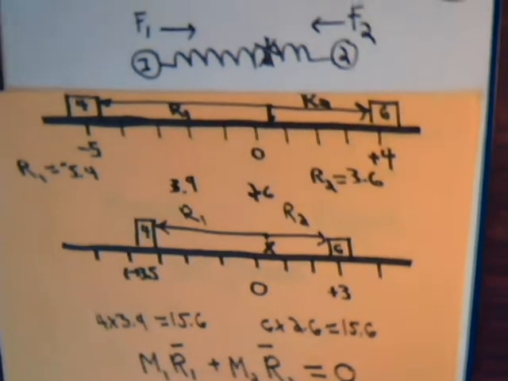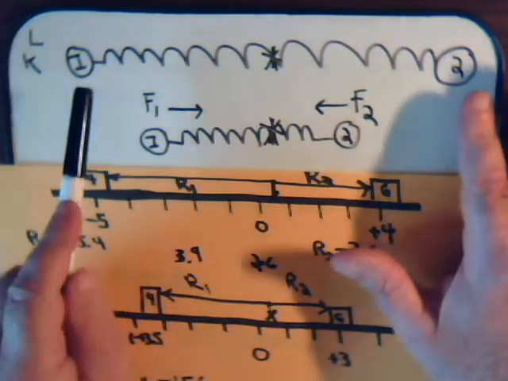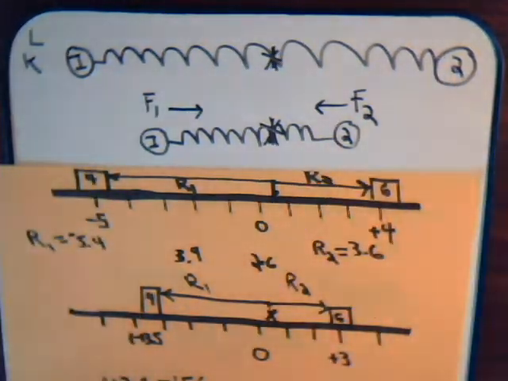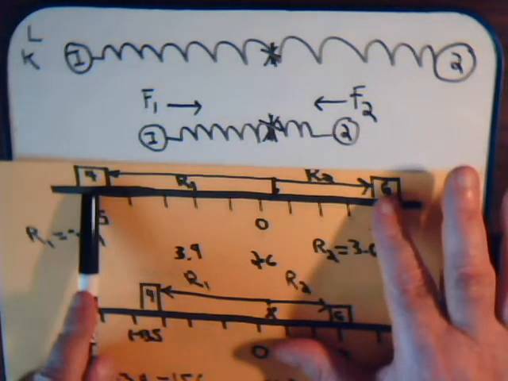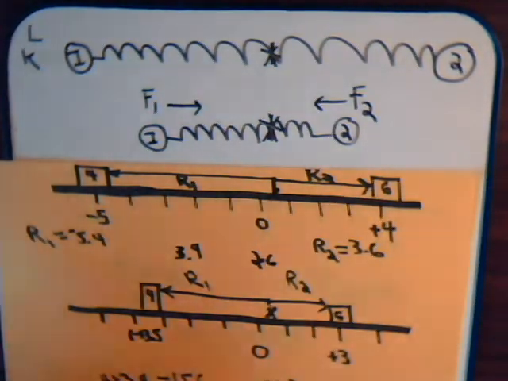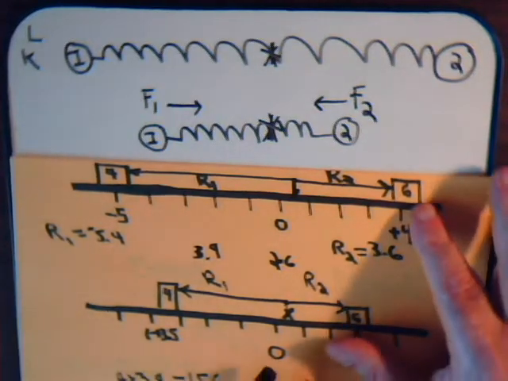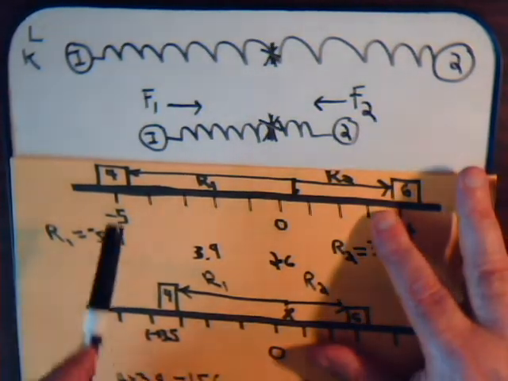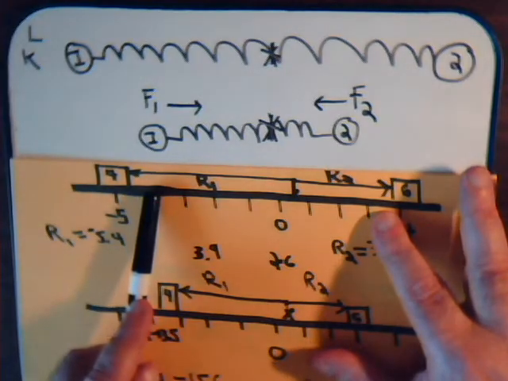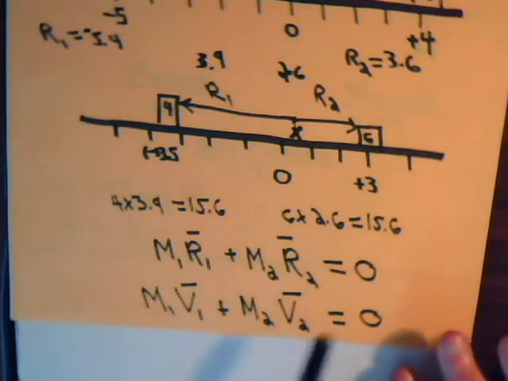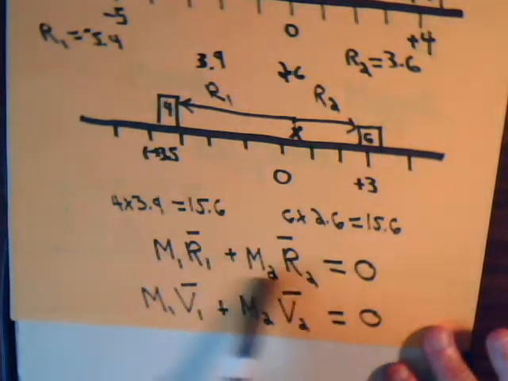Well, when we compress the spring, we're changing the position of these masses, block 1 and block 2. If we start changing their position, doesn't that mean we would also change the position of the center of mass? Or could we do it in such a way that when this block moves to the left, say, this block moves to the right a corresponding distance, so that this equation is still valid?